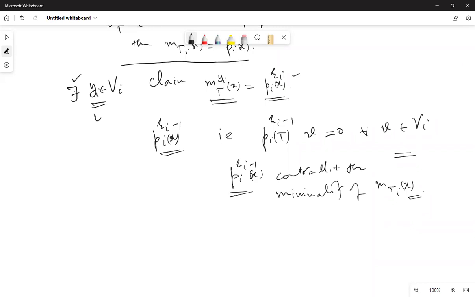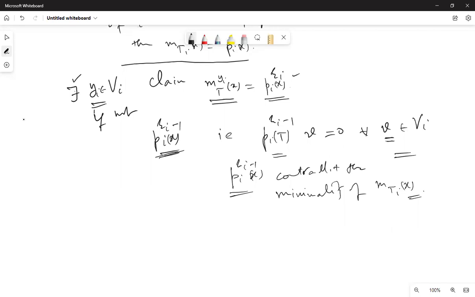If not, then a polynomial of degree less than this would be killing each v in Vi.